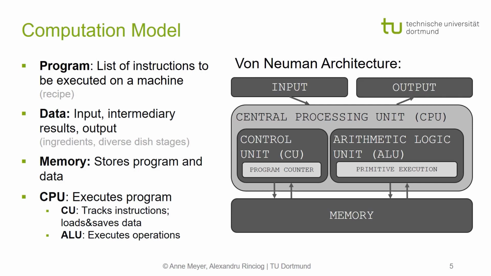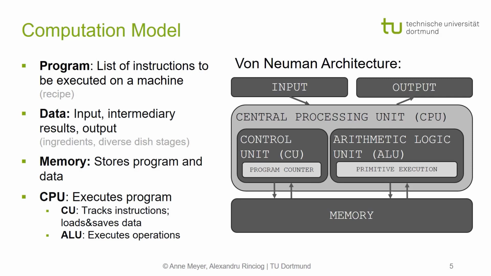And as with the dish, you need some pots and pans to store the diverse dish stages and your ingredients, and this is done by means of memory for the program situation. And then you have your stove, the CPU, which executes the program. It's split into two. On the one hand, the control unit, and on the other hand, the arithmetic logic unit.